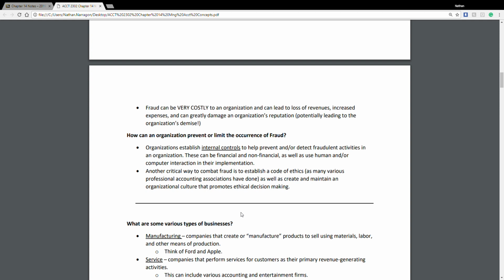Goodwill is the big key. If the company doesn't have any goodwill, customers will go away. And that's the worst thing for an organization and could basically lead to its demise. Look at Enron, WorldCom.